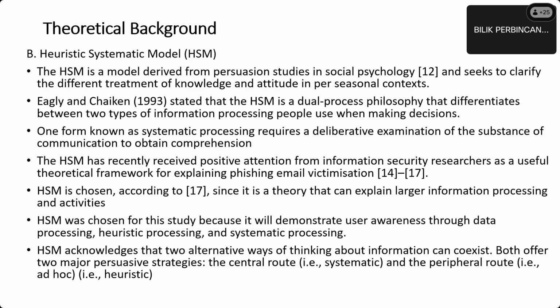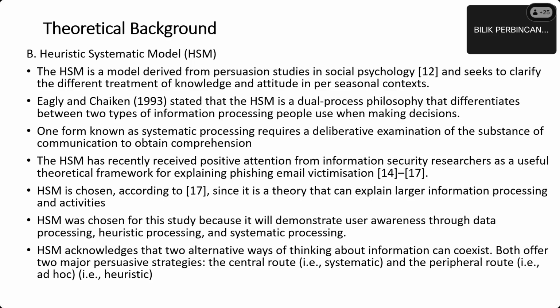HSM is a dual process philosophy that differentiates between two types of information processing people use when making decisions. For us to make a decision, we have two types of information processing. The first one is systematic processing, which requires a deliberative examination of the substance of communication to obtain comprehension.